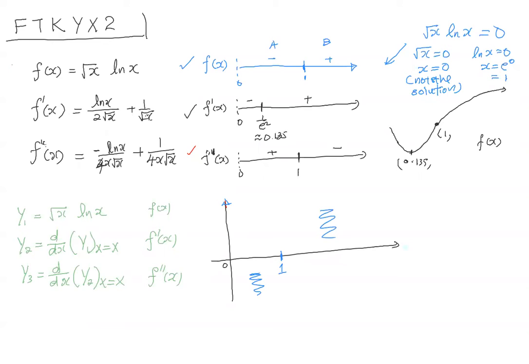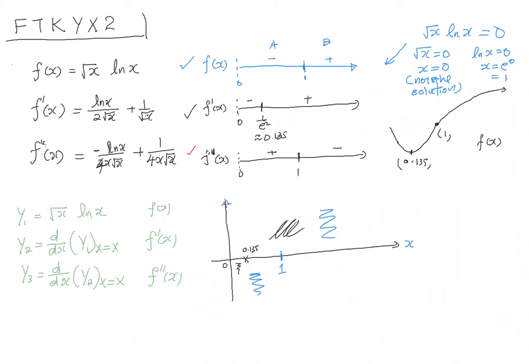Students, are you okay? So that is why we draw a sign diagram before we go to the graphic calculator, so that it can give us a better picture. Okay, now, are you okay? So then for the black one, I know that it will pass through this point, 0.135 roughly, okay? And this part is below the x-axis and this part is above the x-axis. Are you okay so far?